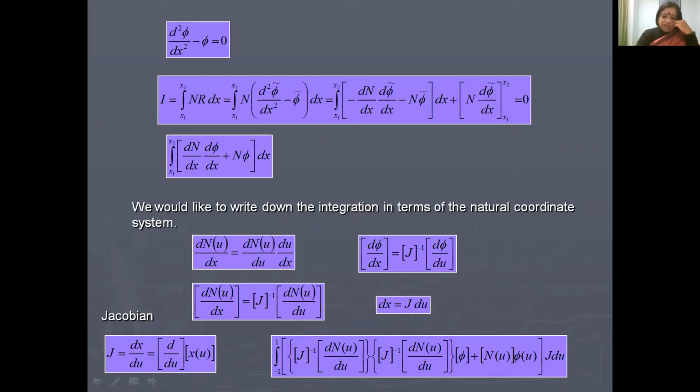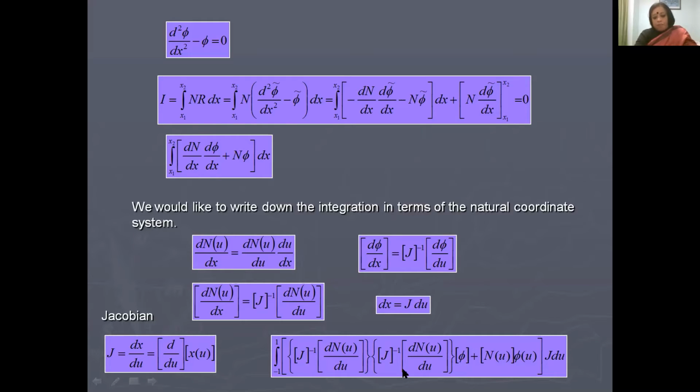So this integral, which I had in terms of x between x1 and x2, is converted into an integration in terms of u between -1 to 1, and it involves the J inverse matrix, the dN du term, the phi matrix, and N into phi.